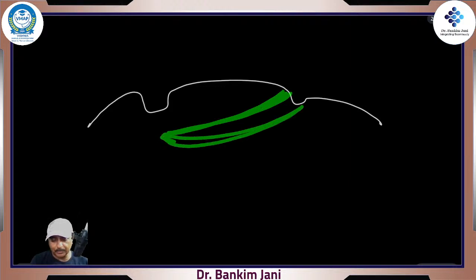The cells which are in the center go for apoptosis, they die, and then there is formation of this canal. So this notochordal process, which was pretty steady, pretty strong, now it is leading to the development of canal.